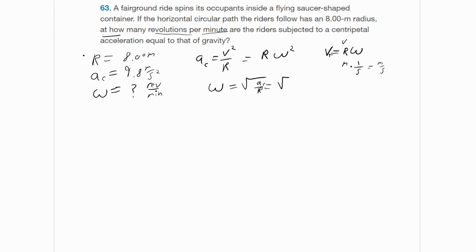Plugging these values in, you get the square root of 9.8 meters per second squared, all divided by 8.00 meters. And what's going to happen is the meters are going to cancel, and we get 1 over second squared, but this is under a square root, so whatever the answer is going to be, it's 1 over seconds, actually.